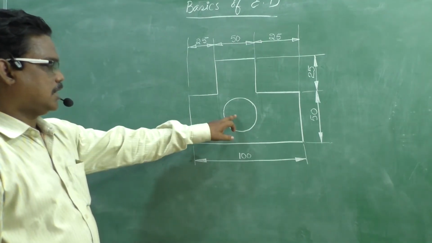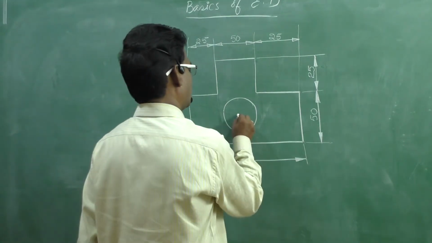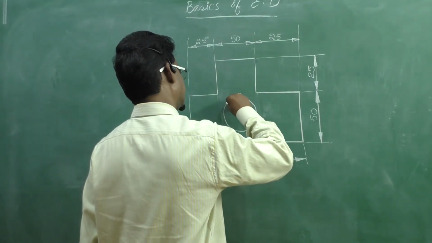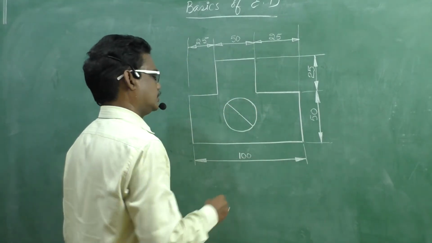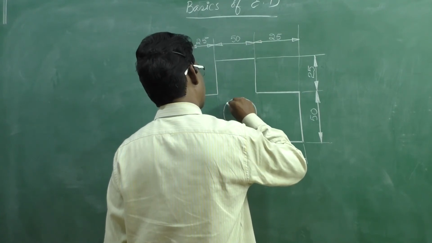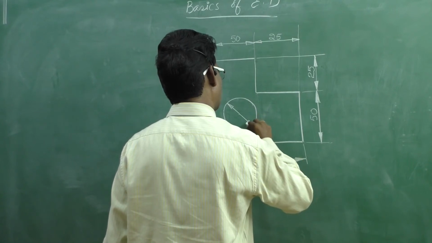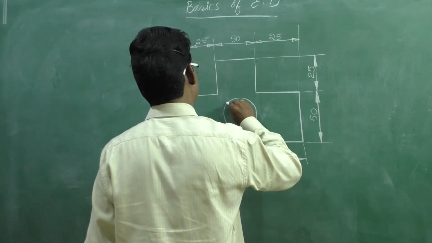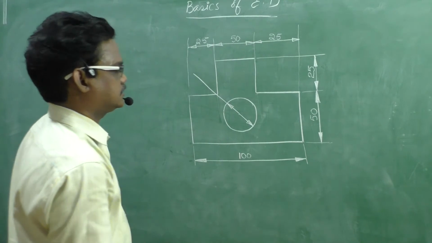Now come to the dimensioning of the circle. First you need to draw a diametrical line through its center. Okay. After that, give the arrowheads at the end of the diametrical line. Okay, after that, draw an extension line like this.